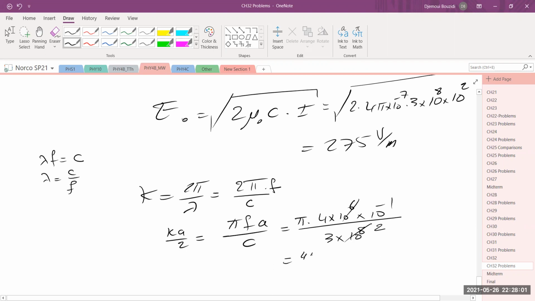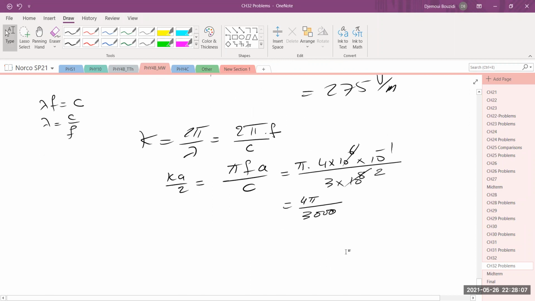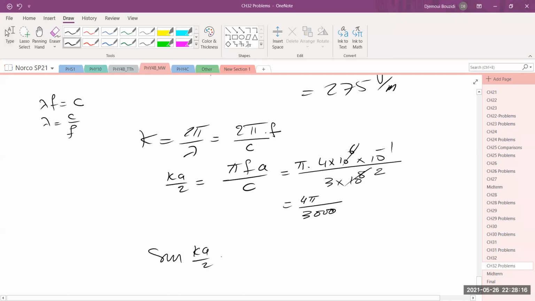So it's going to be 4 pi divided by 3,000. Okay? 4 pi divided by 3,000. And that's a very tiny number. And I need the sine, by the way. So the sine of Ka over 2 is the sine of 4 pi over 3,000.